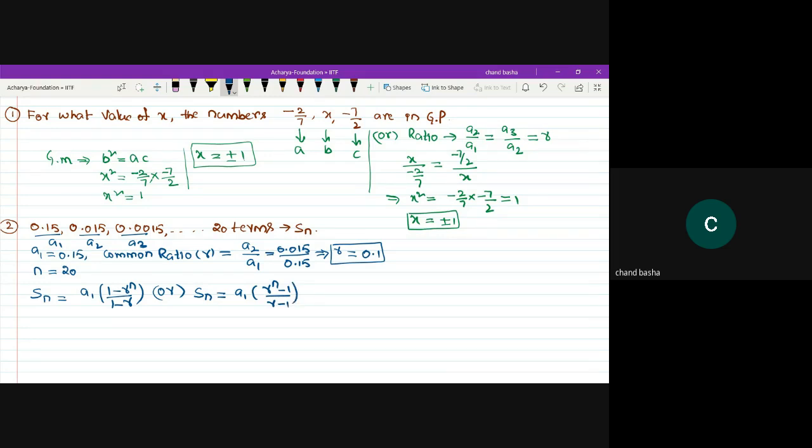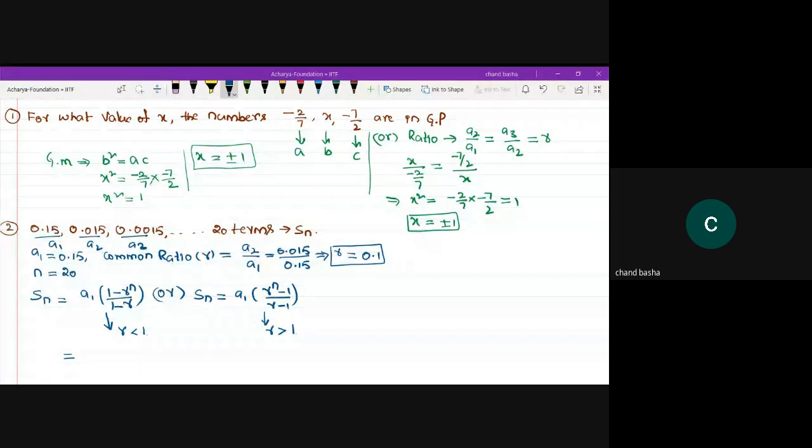But I use the first formula when the R value is less than 1, and here I can use the second when the R value is greater than 1. Moreover, I can use any one of these two, no problem, you will get the same answer. We can take minus as common from numerator and denominator, I'll get the other formula, but I can make use of the first formula because the R value is less than 1.